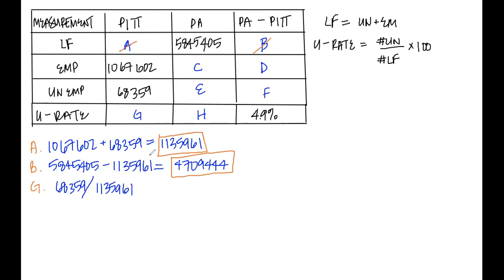Whatever that answer is, we multiply that by 100. So we get an unemployment rate for Pittsburgh of 6.0%. I can cross that off.